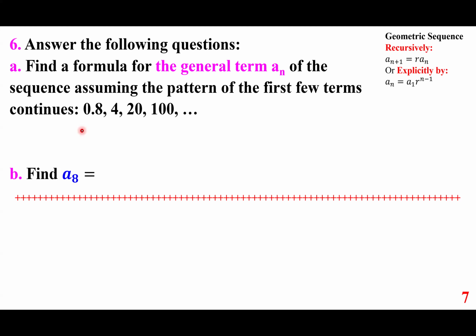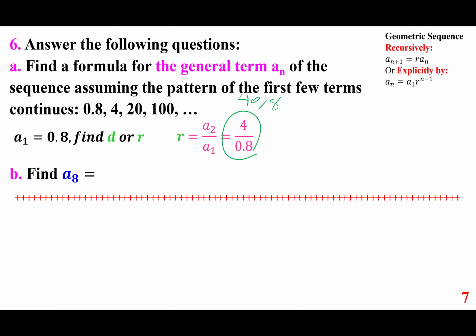Obviously, 4 minus 0.8 and 20 minus 4 are not equal. Let's look at 4 over 0.8, 20 over 4. 4 over 0.8 is the same as 40 over 8, the same as 20 over 4, and it's 5. Therefore, you're dealing with a geometric sequence.